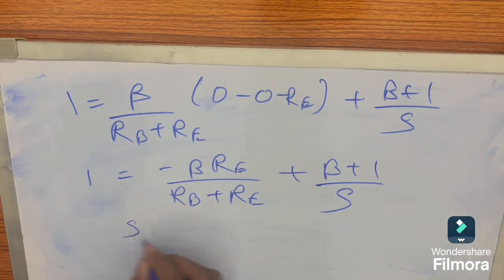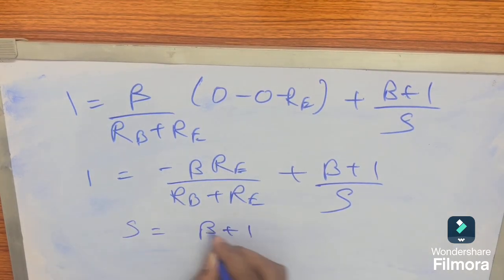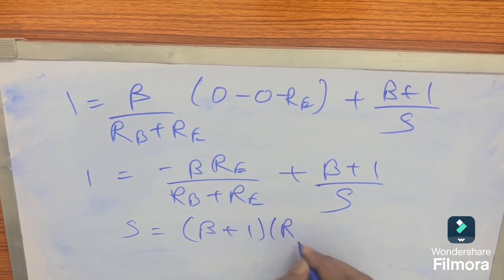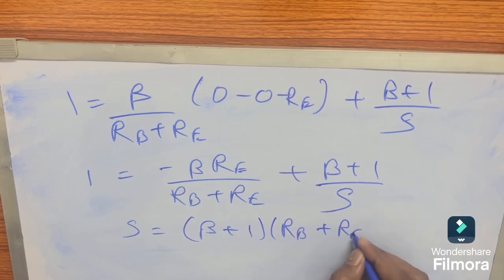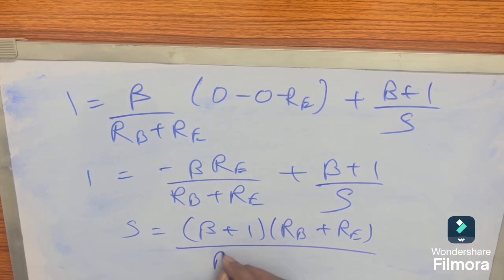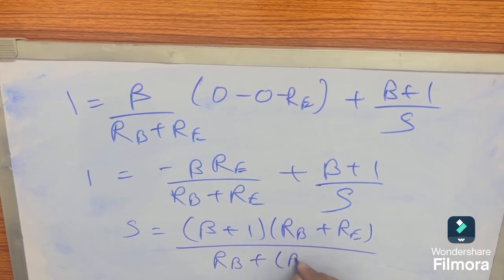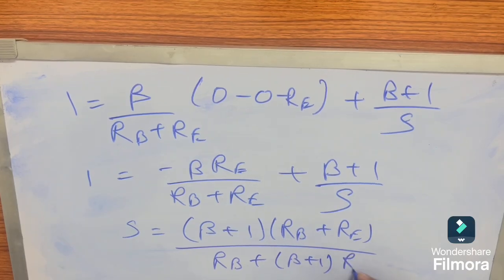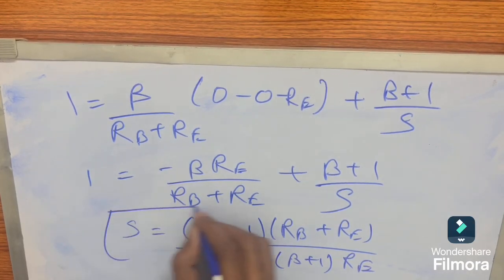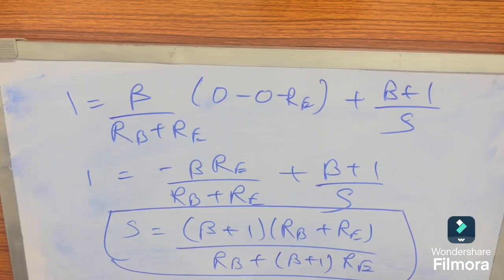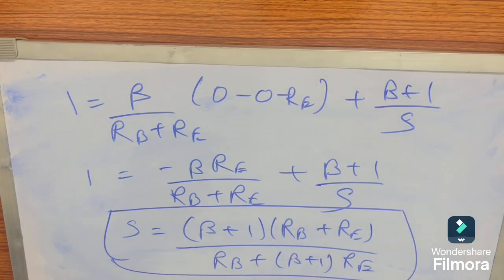On further solving, we get S equal to (beta plus 1)(RB plus RE) by (RB plus (beta plus 1) RE). This is the formula of the stability factor for the emitter bias configuration.